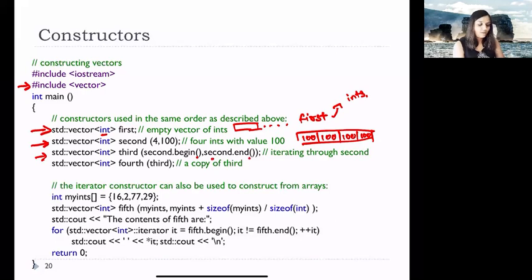By this time, remember, when you are declaring third, you already know second, right? In this, it will declare a vector. You said it needs to start from second begin, so it needs to have the value that's stored in the second as its first value, and it needs to end at second end. So at the end, it will store four values, each initialized to 100, same as the second vector.